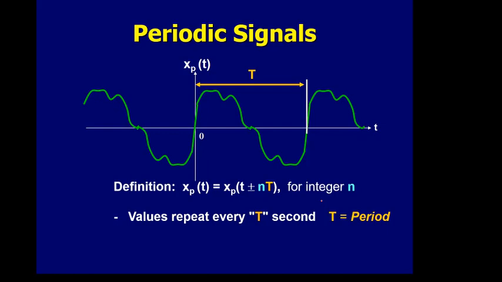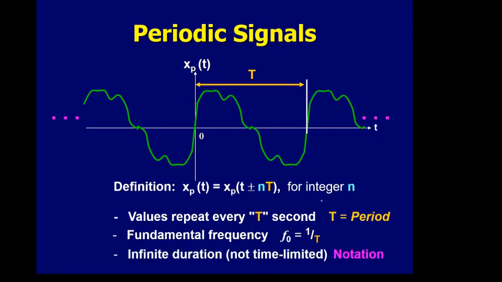The period is the time for one cycle of the repeating pattern, and so x of t has to be the same as x of t plus n times capital T, where capital T is the period and n is any integer, positive or negative. If we take the reciprocal of the period T, that defines what we call the fundamental frequency. That is 1 over capital T then.